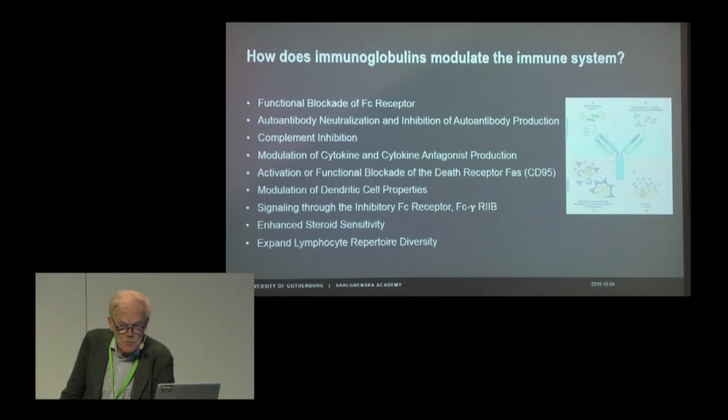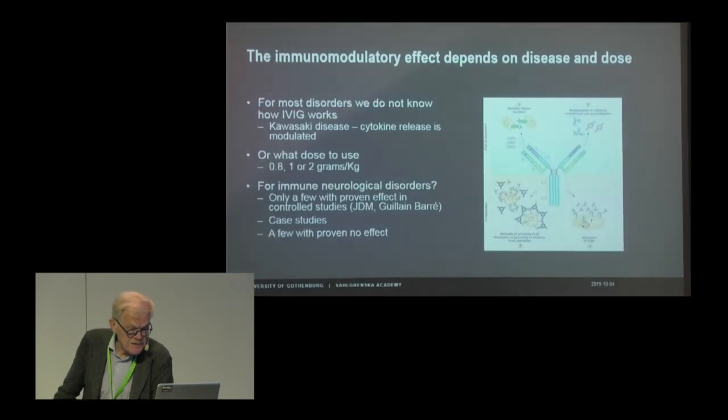It can inhibit complement activation, inhibit or modulate cytokine response, activate death receptors so cells undergo what we call apoptosis, or you can say suicide, modulate other cells of the immune system, and signal through inhibitory Fc receptors. They can increase the steroid sensitivity and expand the lymphocyte repertoire. So many, many ways, and basically we don't know how immunoglobulin works.